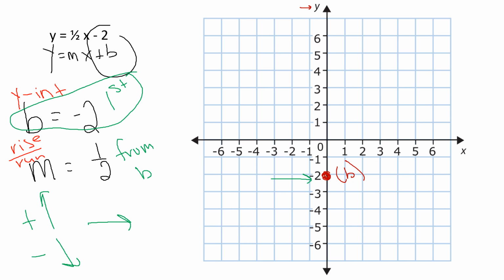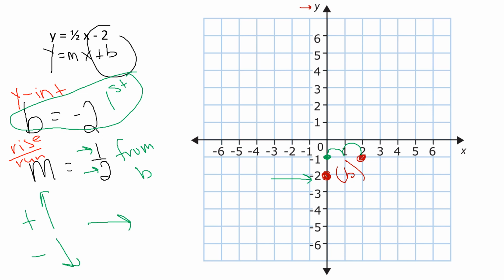From the b, we are going to rise 1, which puts us here. It's going up because it's positive. And then we are going to run 2, and we always run right. So 1, 2, and that becomes my second point.